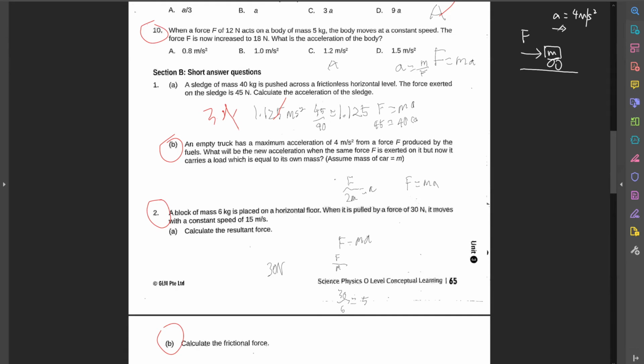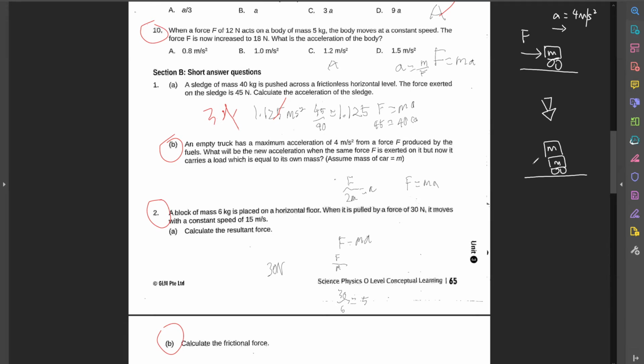Then after that, it says that it has a second situation where this truck, which is m, carries a load which is equal to its own mass.